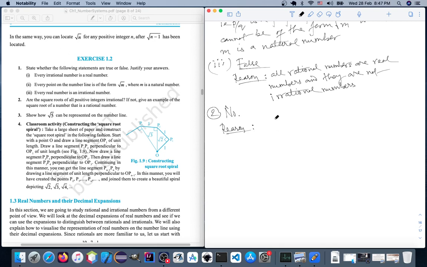So, square root of 4 equals 2, that is a rational number. It says, are the square roots of all positive integers irrational?